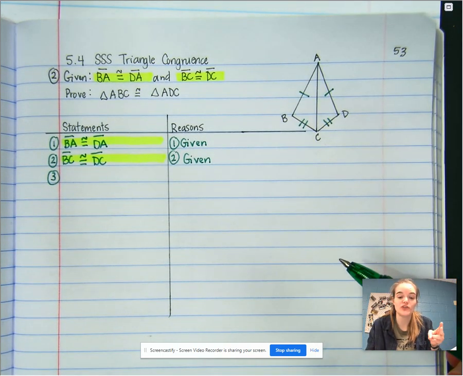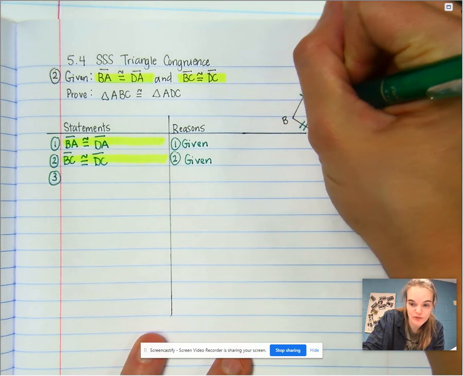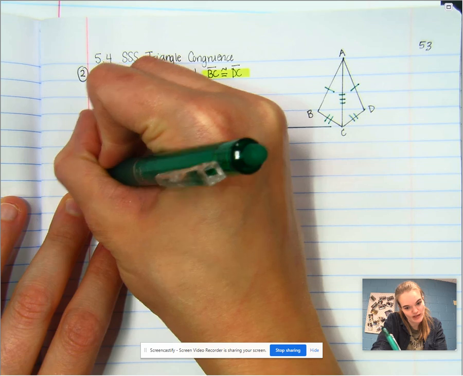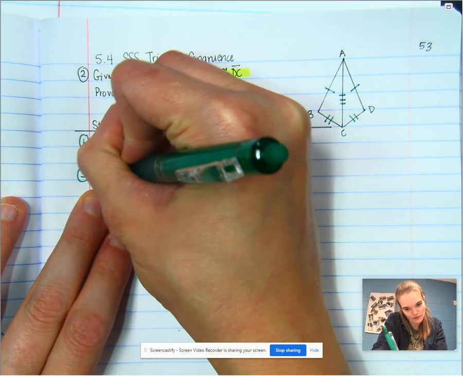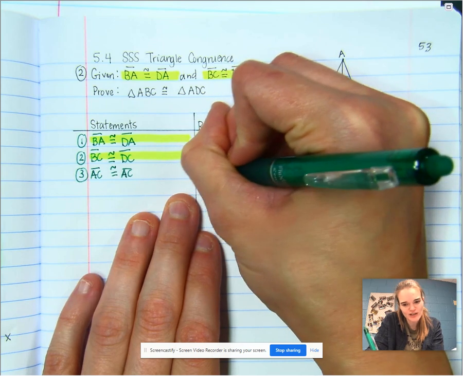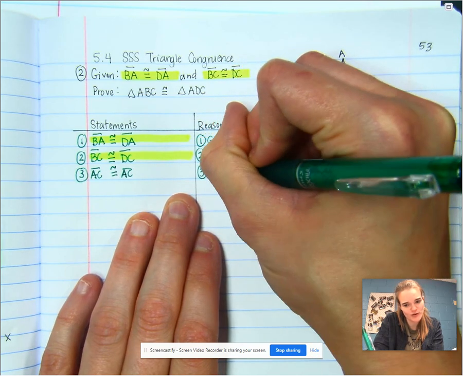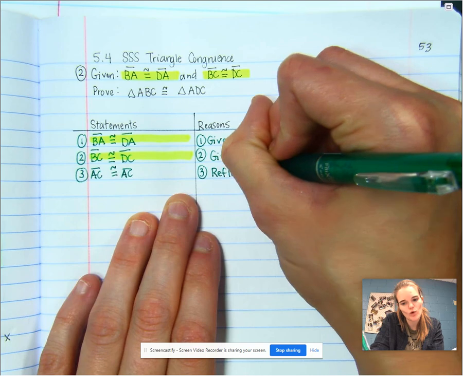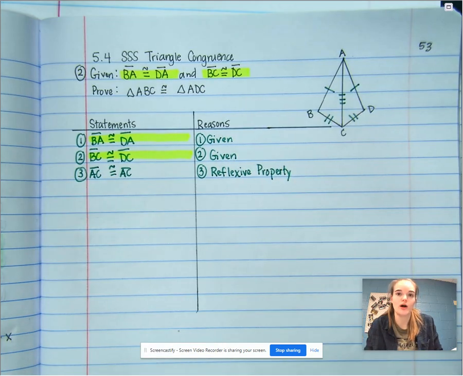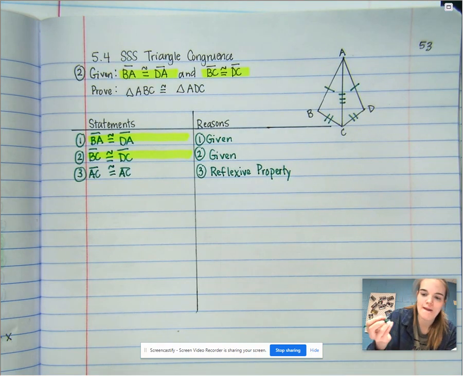Well, I've got 2 sides congruent. I just need a third side. So my third side is going to be that reflexive property, and it's going to be AC. So AC is congruent to AC. And that's by the reflexive property that we've used over and over again. But that's what I mean. The order doesn't matter. I could have put number 3 first because they're not one after the other. You don't have to have one to be able to say the next one.